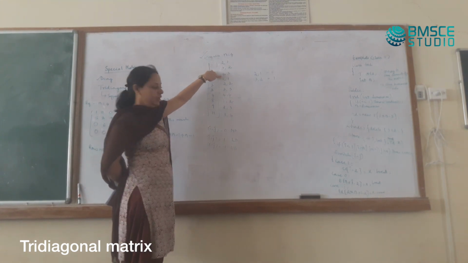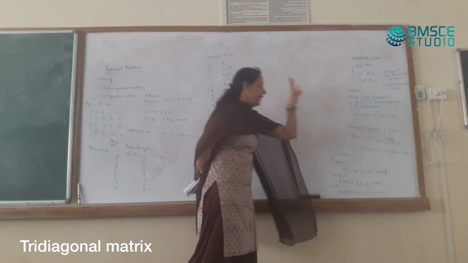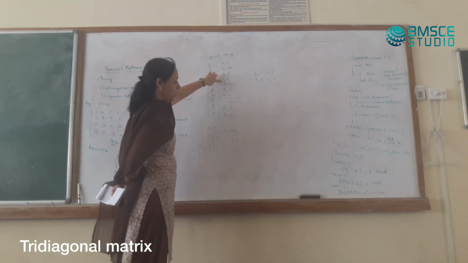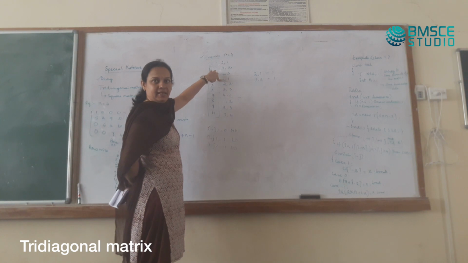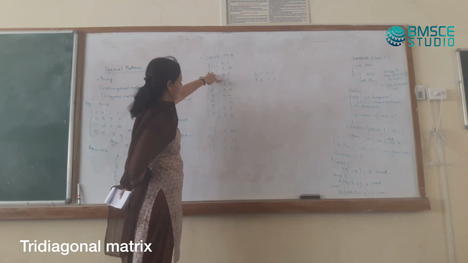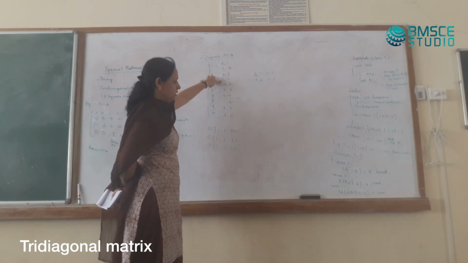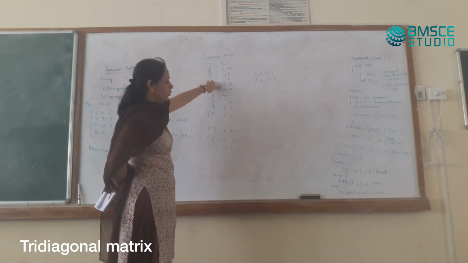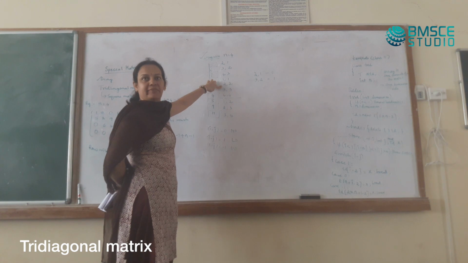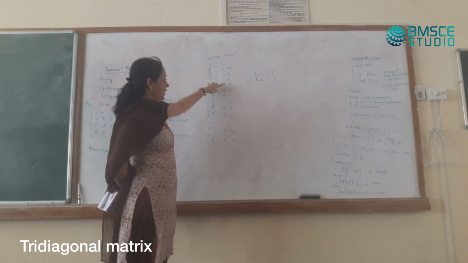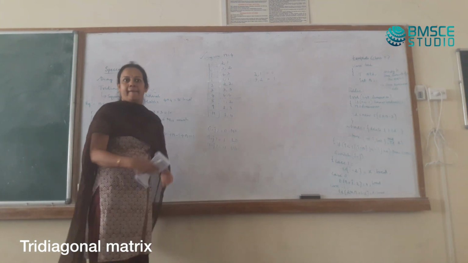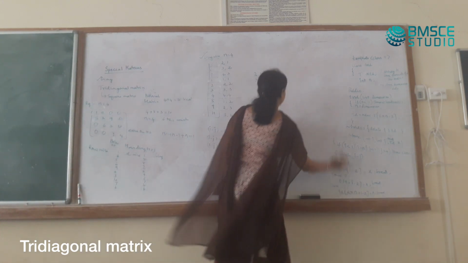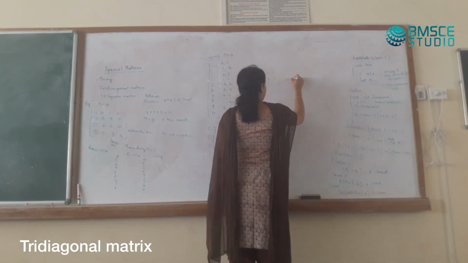You get 0, 1, 2. When you come here, what is n? 4. 4 plus 1, 5 minus 2 is 3. 6 minus 2 is 4. 7 minus 2 is 5. You take any n, it will work. Okay? So these are the 3 valid cases.